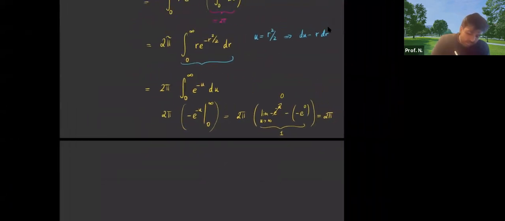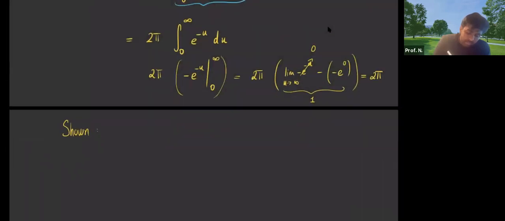So all I've done is I've shown, what have I shown? I've shown that I squared is equal to 2 pi.